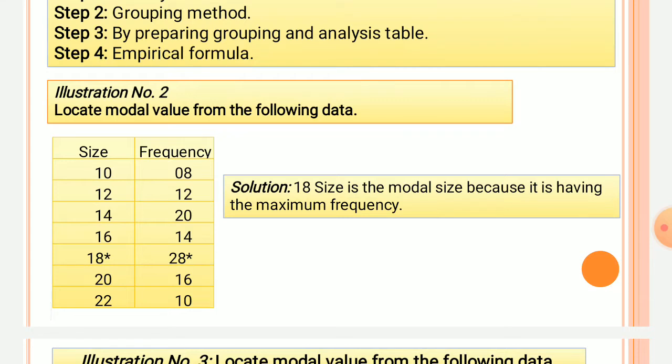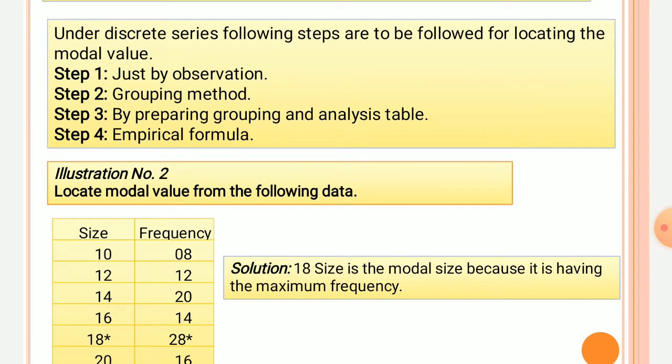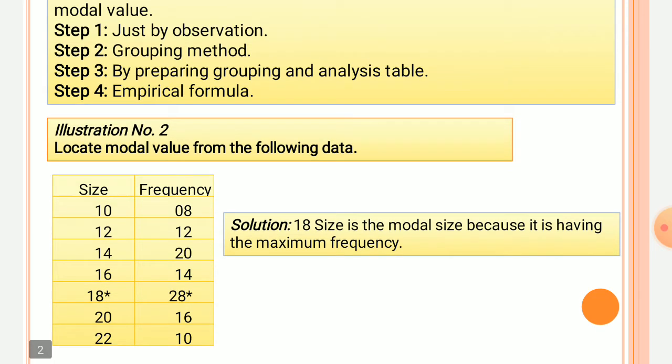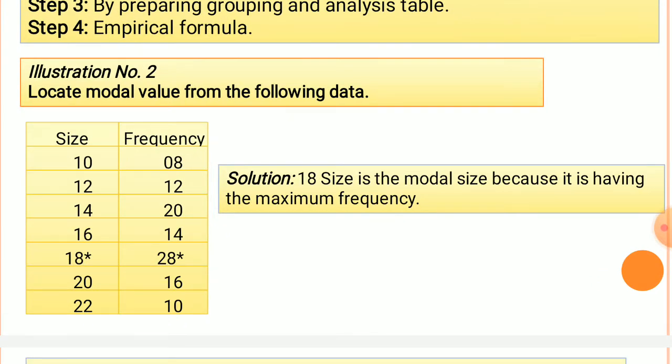Now the first problem: locate the modal value from the following data. According to step number one, here we can locate the modal value just by observation. The size, or the value, is given, and the corresponding frequencies are given.